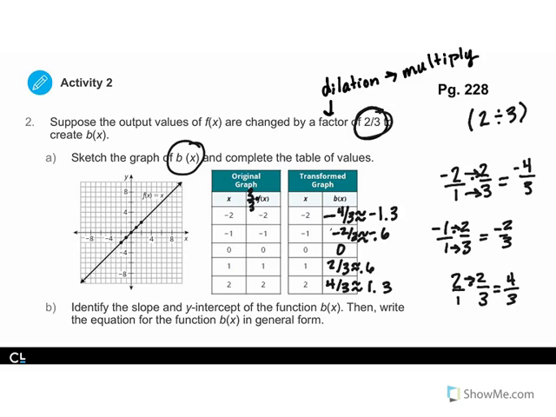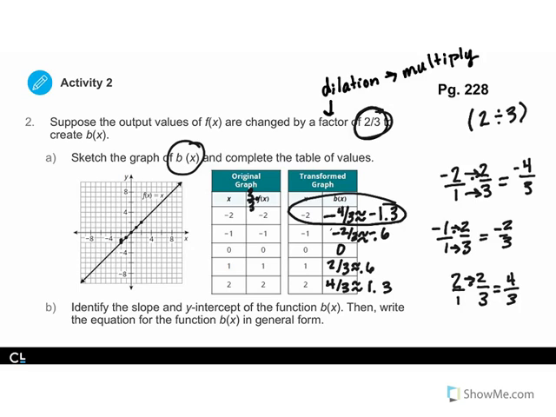Now we're going to put these on the graph. So we're going to graph this first point. We have -2, -1 and a third of a box. So -2, -1, and a third of a box is kind of right there. We're being pretty approximate here. We've got -1 and negative almost a half of a box.